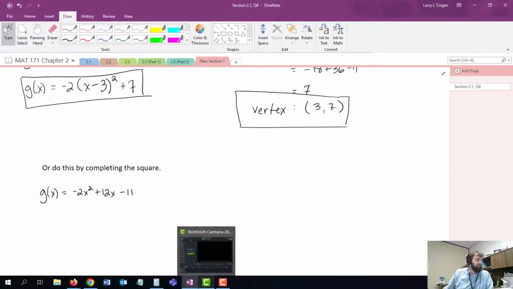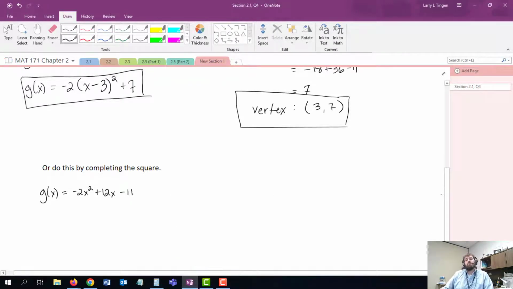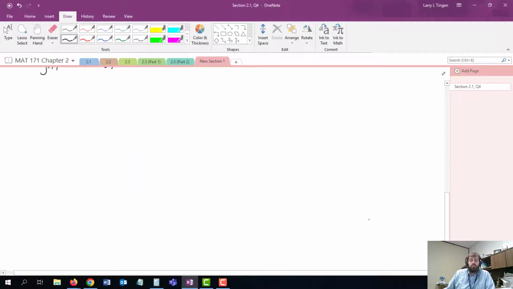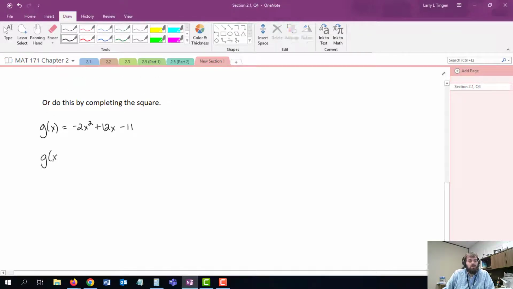Now, if I want to complete the square, first thing I'm going to do is factor out whatever the leading coefficient is, and I'm going to factor it out of all of the terms. All right, so my leading coefficient here is negative 2.